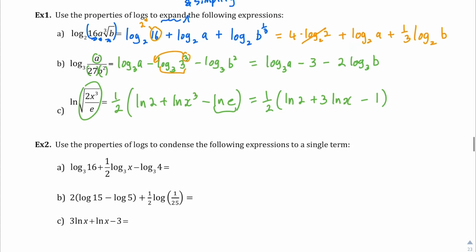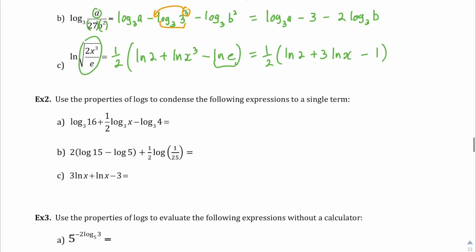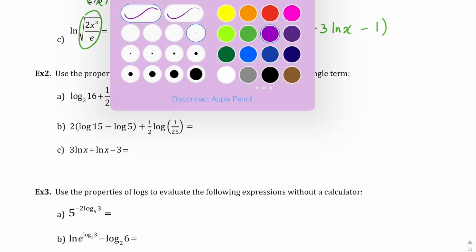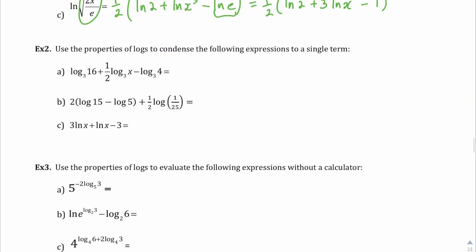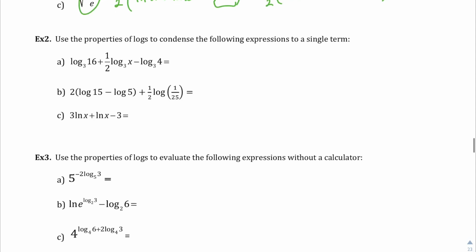Okay. Example 2 is example 1 in reverse, quite literally. And so for this one, definitely what I'm going to do is just do example 2a and leave you to try the other two and then to have a look at the solutions.